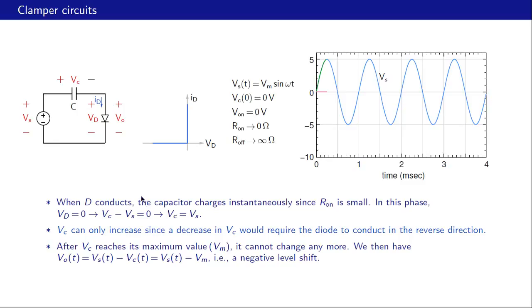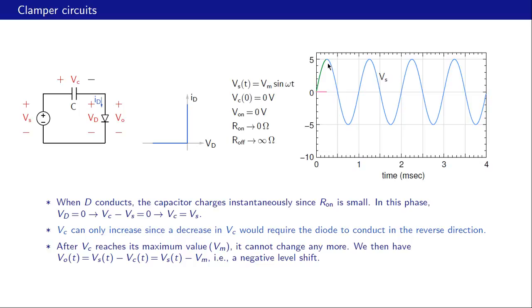As we have seen, the capacitor charges instantaneously, so Vc becomes equal to Vs. So Vc, which is the green line, and Vs, which is the blue line, coincide here, and the red one is the output voltage. Because the diode is conducting in this phase, it has 0 volts across it, and therefore the output voltage is 0.